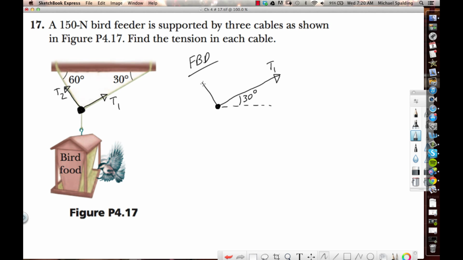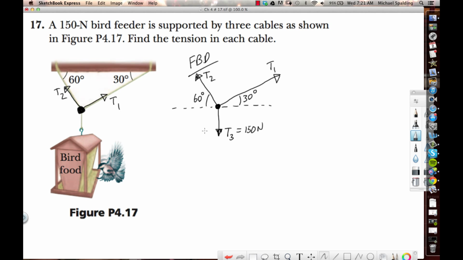And then we have T2 pulling like that, where this angle in here is 60 degrees. And then we have T3, which we just found, pulling straight down. All right, so that's the free body diagram. That's going to help us. That's the first thing you do.